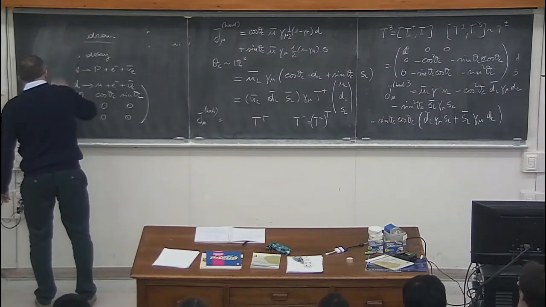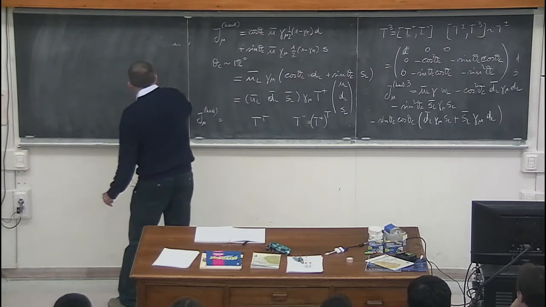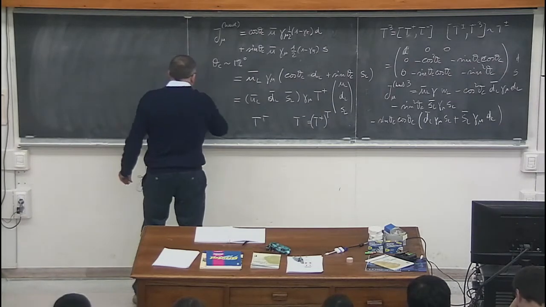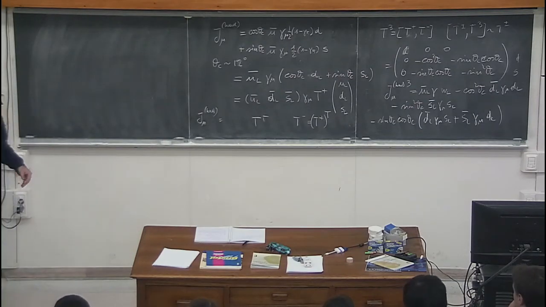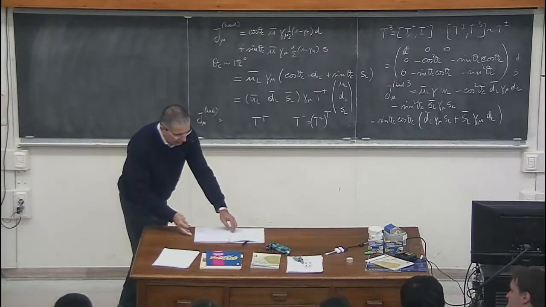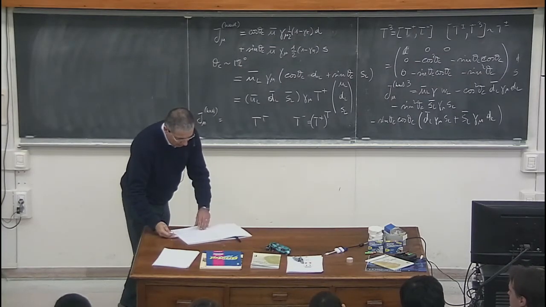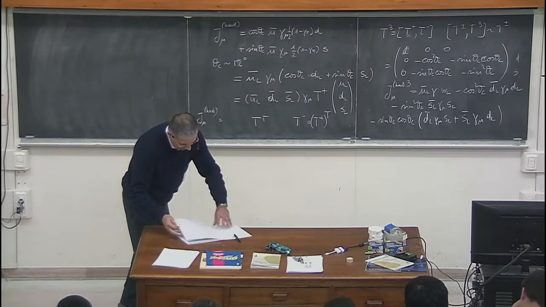Well, the point is very simple. They are phenomenologically excluded. It is very well known that flavor-changing neutral current effects are very much suppressed with respect to flavor-changing charged current. A typical example is the decay of K mesons.